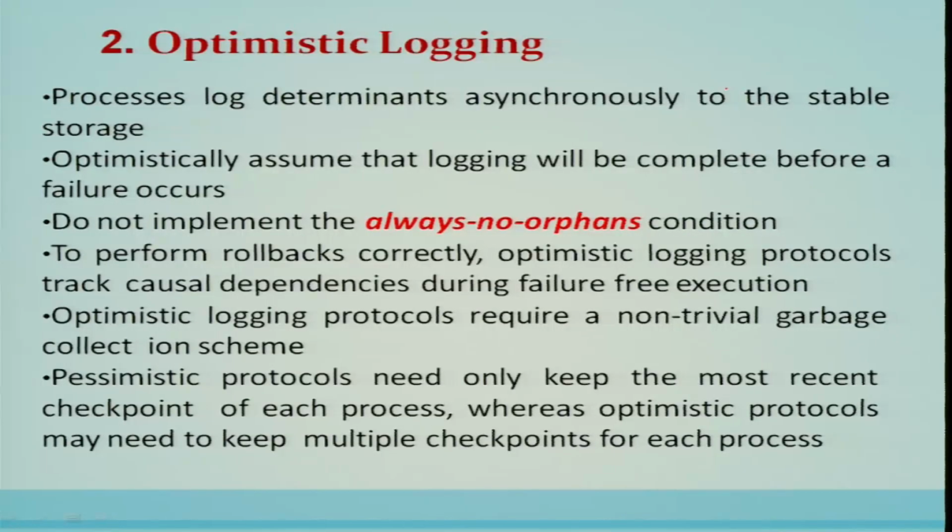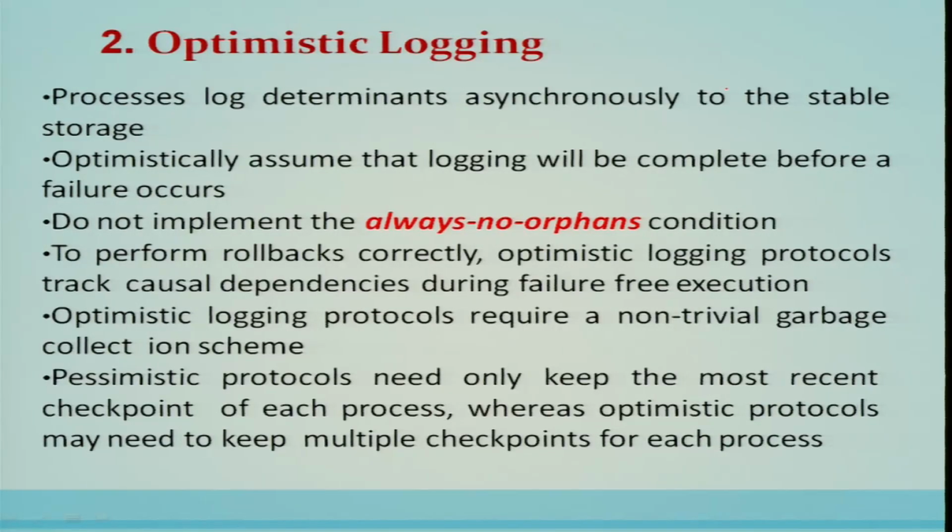Optimistic logging: processes log determinants asynchronously to the stable storage, optimistically assuming that the logging will be complete before a failure occurs, and do not implement the always-no-orphans condition. So to perform rollback correctly, optimistic logging protocols track causal dependencies during failure-free execution.